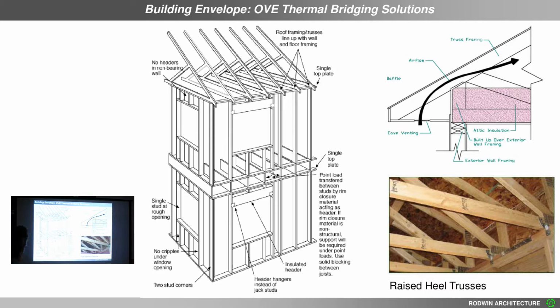So there are different ways to frame a house. This is a particular technique called optimal value engineered thermal bridging or framing. And what it says is that you can throw a lot of wood into the walls of a house or a little bit. And it has to do with how much attention you're paying during the framing process.